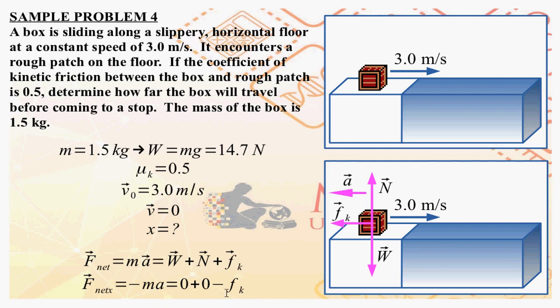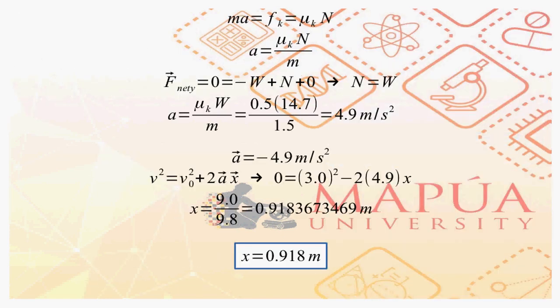Ma is just equal to Fk, and we know the magnitude of kinetic friction is constant at mu k N. Isolating, a is equal to mu k N over m.